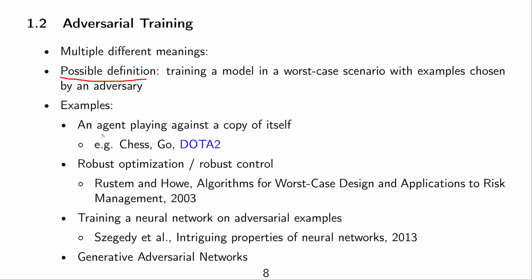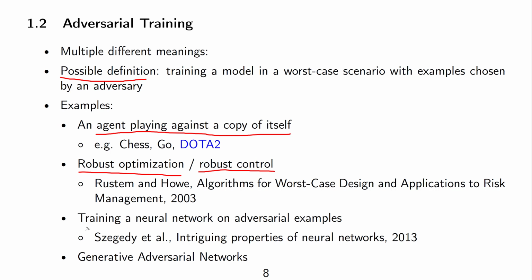Examples are agents playing against a copy of itself. This is a way to learn to play chess, Go, or Dota 2. There's also an area called robust optimization or robust control that you can look into. And the book below is an example for a starting point.